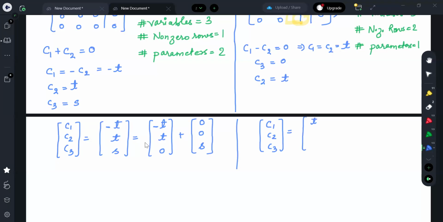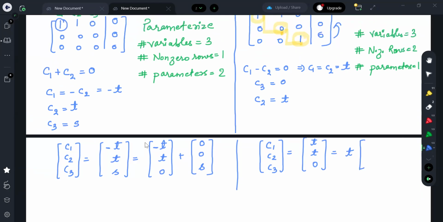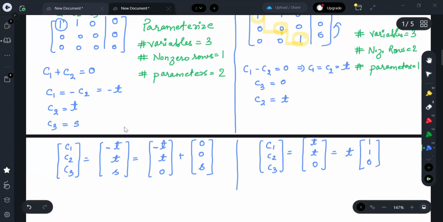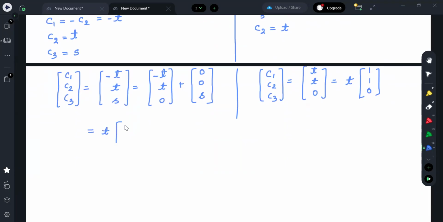So I get C2 and 0. If I factor t out, I'm left with 1, 1, 0. If I factor t out on this side, I'll get negative 1, 1, 0, and I'll get s times 0, 0, 1.